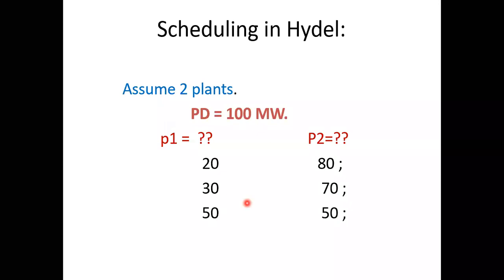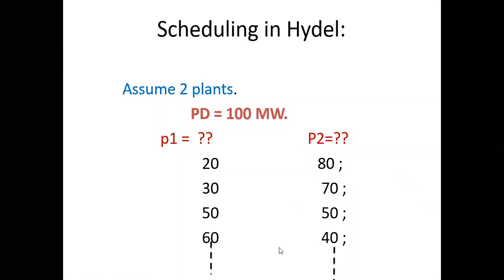And if you give 50 for P1, then automatically P2 becomes 50. So like this, you can give P1 and P2 values, and this is nothing but normal scheduling. But I already told you that normal scheduling is not at all preferable outside.